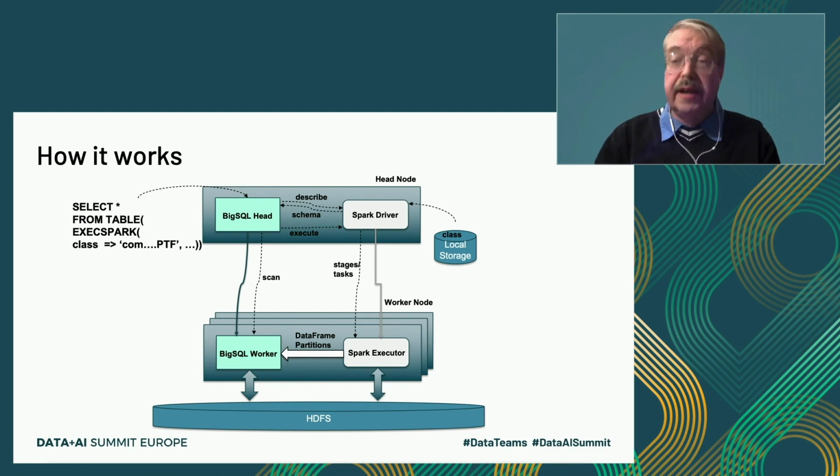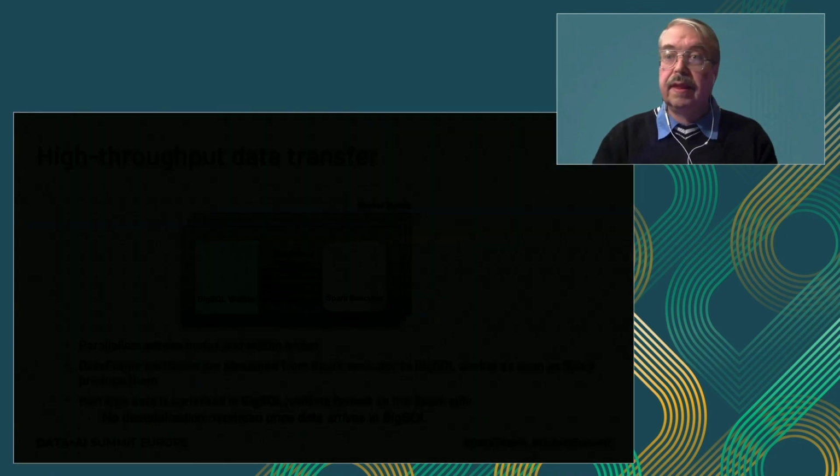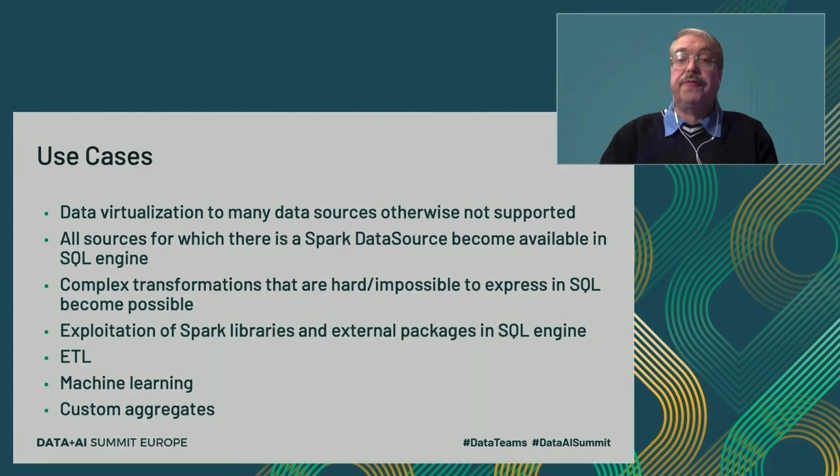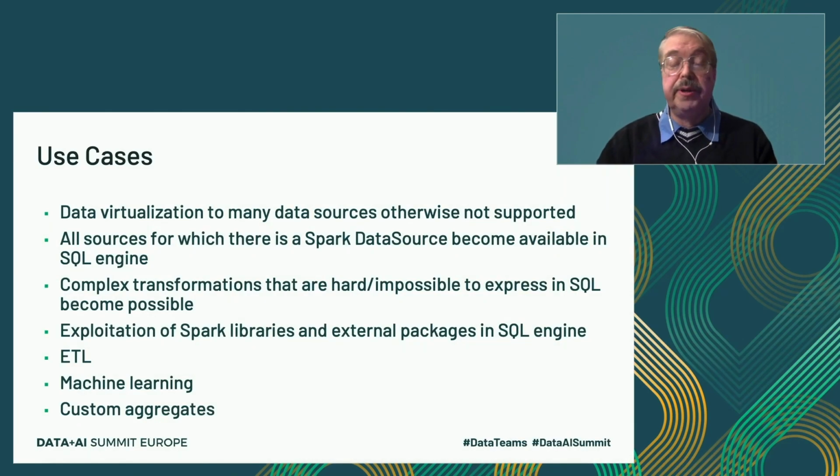Therefore, that's a very efficient way of communicating with a very low latency. Here you are seeing how this is summarized. You have parallelism. You have local communication. There is streaming from the data frame in Spark to BigSQL. And therefore, you have a very efficient and fast communication.